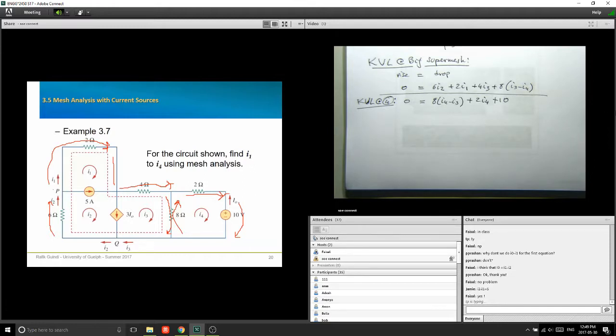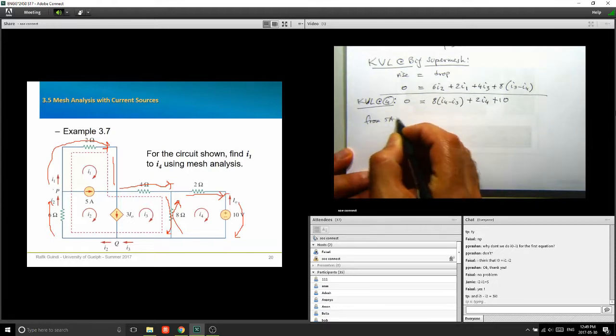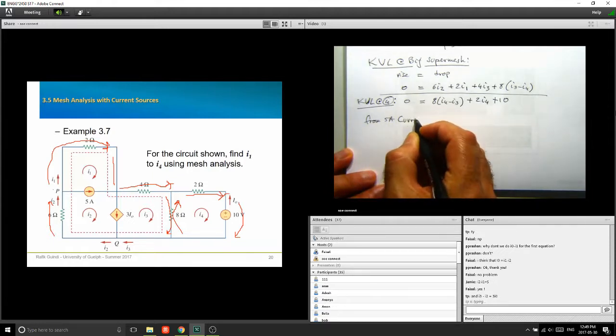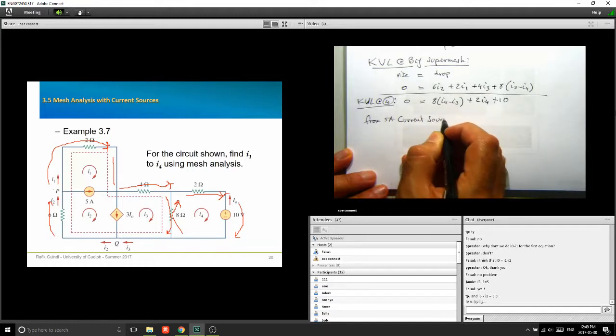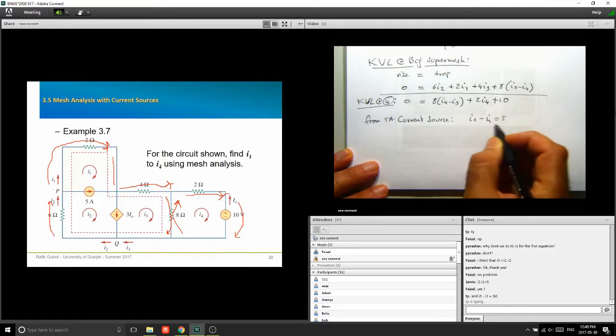What equation can you write? What does 5 amps tell you? I2 minus I1 equals 5 amps. Excellent. Okay. From the 5 amps current source, I2 minus I1 equals 5 amps.